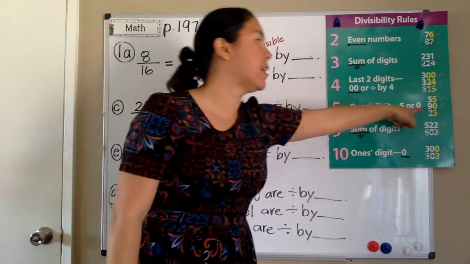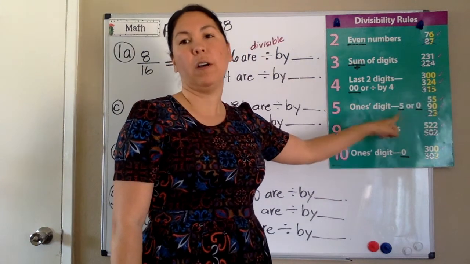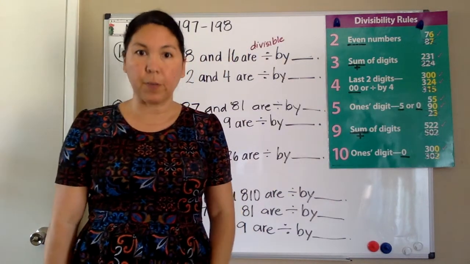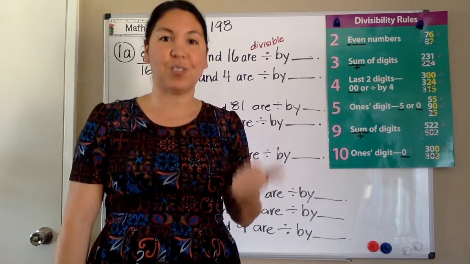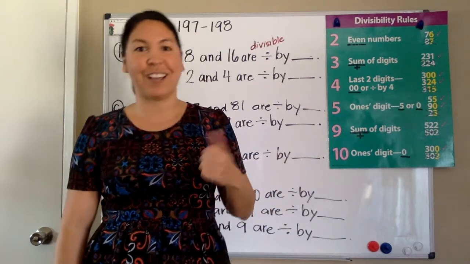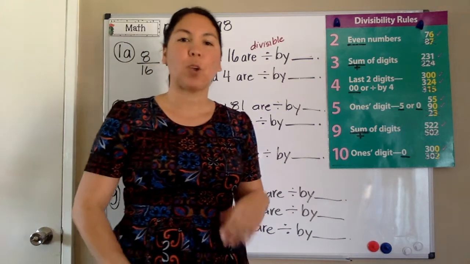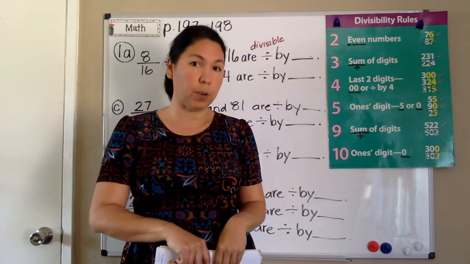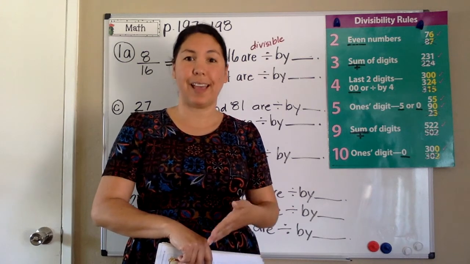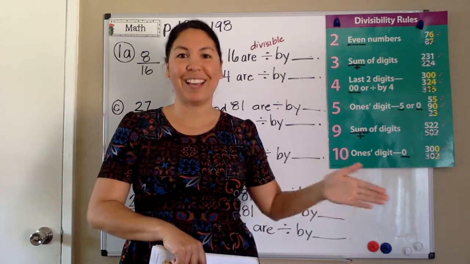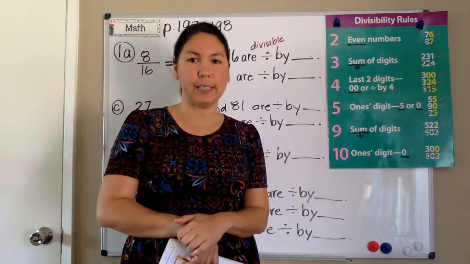So 5's can end in a 0, 10's can end in a 0, but 5's could also end in a 5. Okay, and you think when you're counting by 5's, 5, 10, 15, 20, 25, 30, 35, 40, 45, 50, right? All those numbers either end in a 5 or a 0. 10 just has to be a 0. When we count by 10's, 10, 20, 30, 40, 50, all those numbers end in 0.